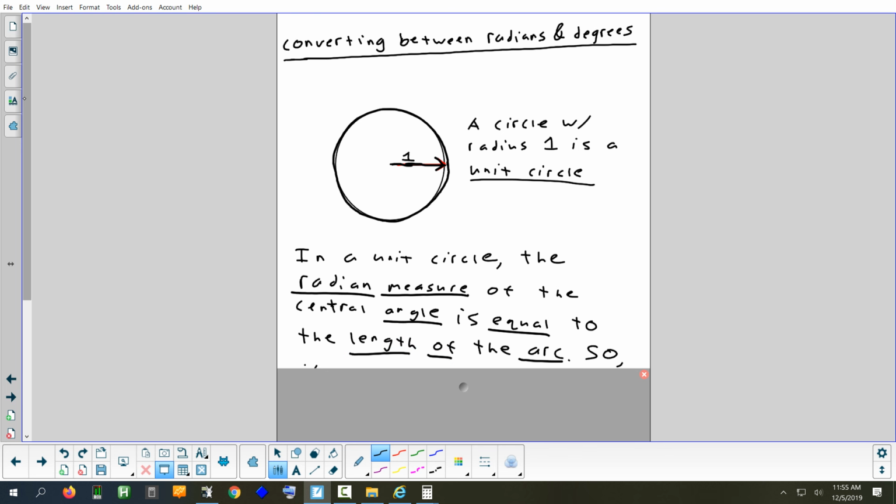So, if you can tell me the circumference of this circle, that is equal to the angle in radians to go all the way around the circle. The length of the arc and the size of the angle are exactly the same. And I think most people are probably going to know the formula for the circumference of a circle. I hope. So, what's the formula for the circumference of a circle?